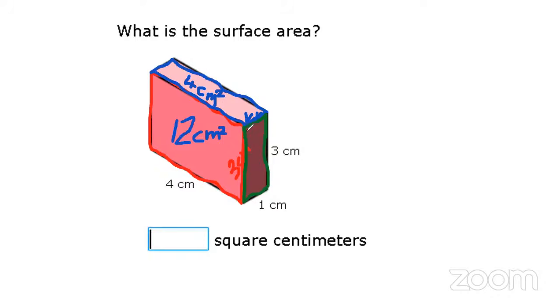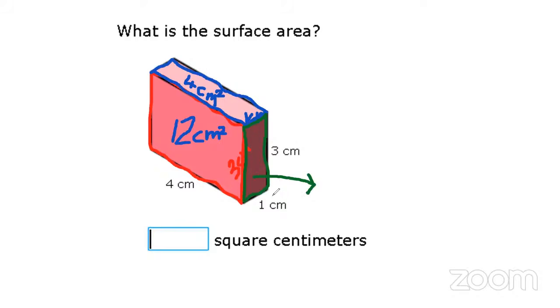So this dimension of the side face is 3 centimeters, and this part is 1 centimeter. So the area of this side face is what? We have one dimension 3 centimeters, the other one is 1 centimeter.